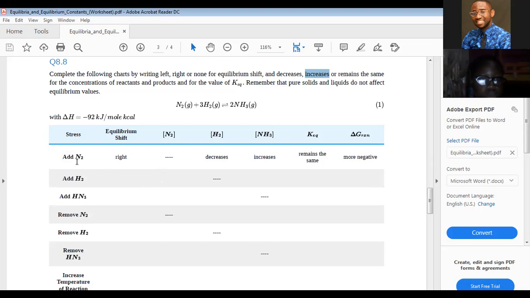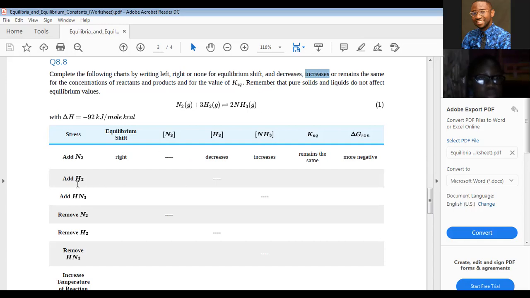They said when we add to the reactant, equilibrium will shift to the right. H2 decreases, ammonia increases. I'm just interested in where equilibrium shifts. Don't worry about the other part. Do you understand that? Yes.